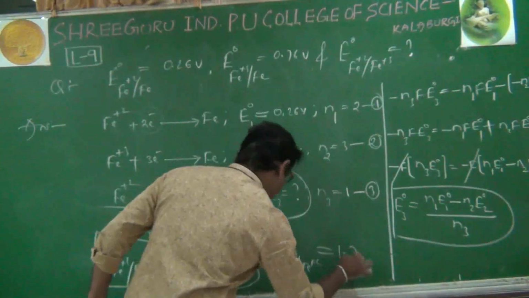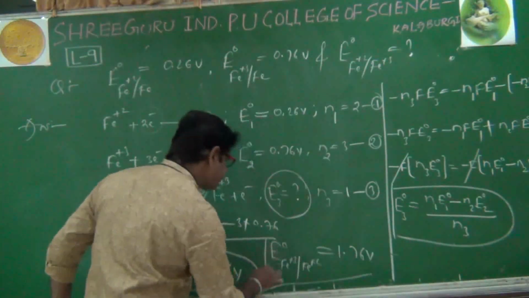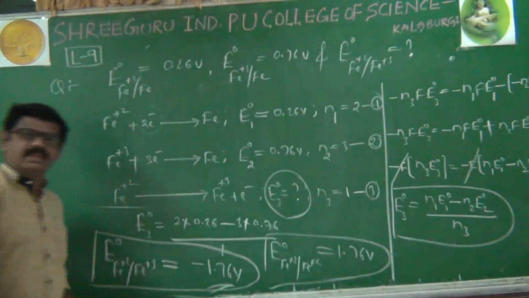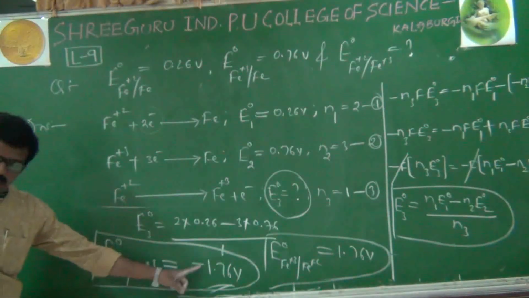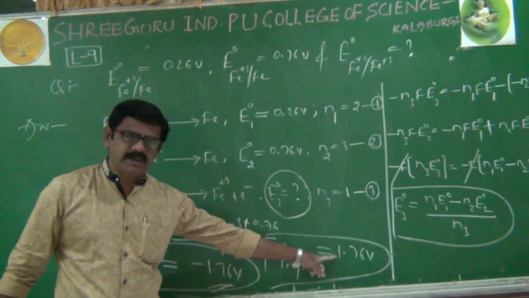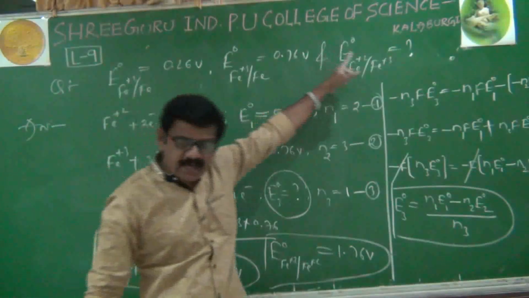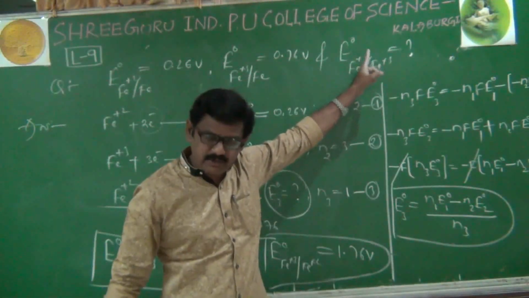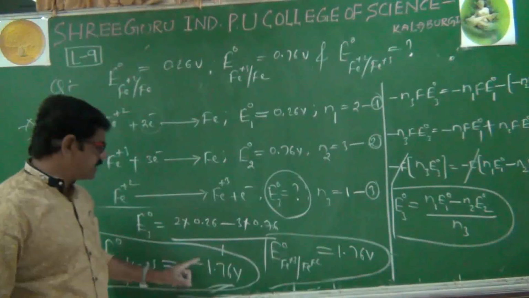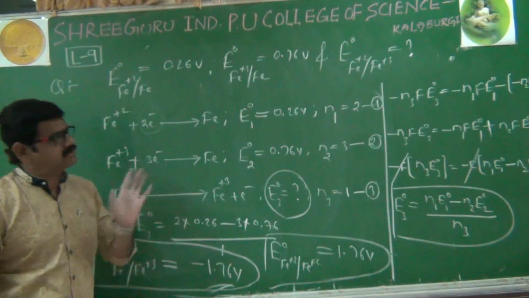Your answer is 1.76 volts, that's it. It is the SOP value here, and that is the SRP value. Of course in the question he has asked for the SOP value only, that's why whatever answer we are getting is your final answer, that's all.